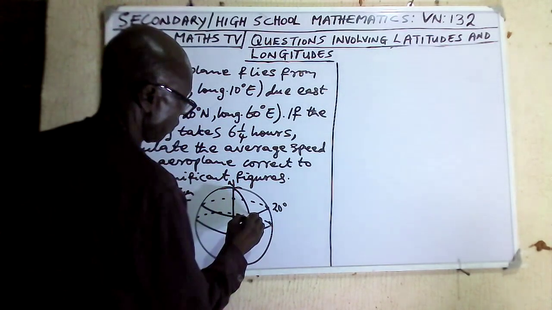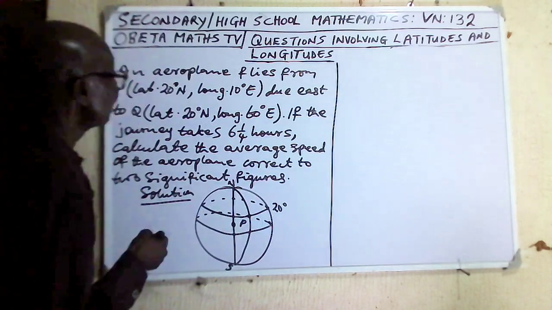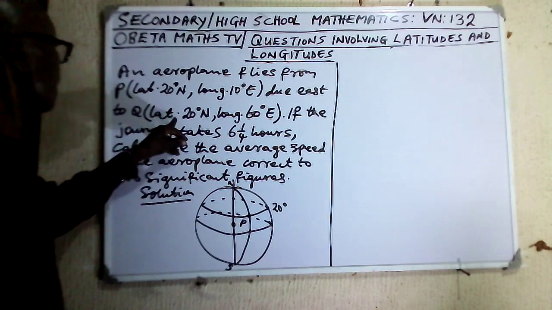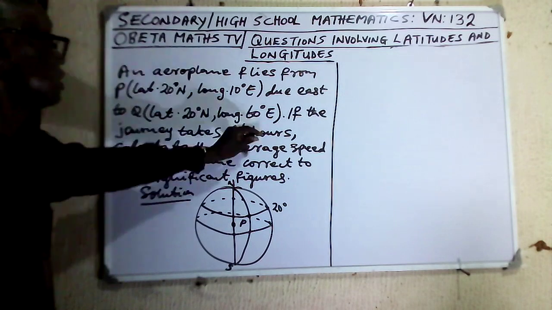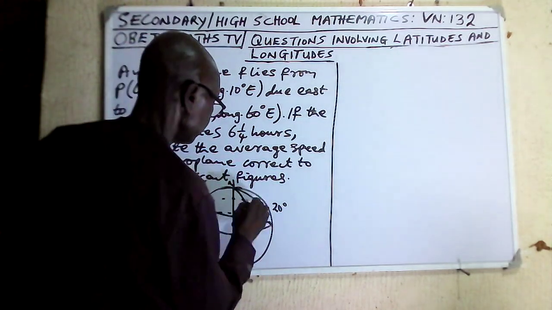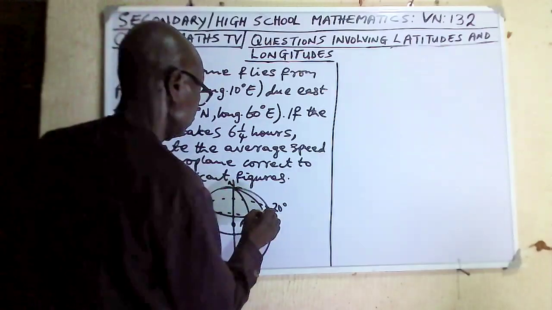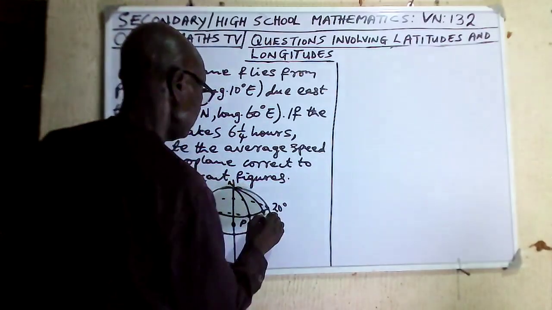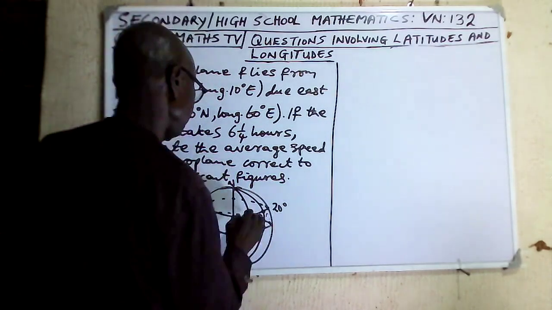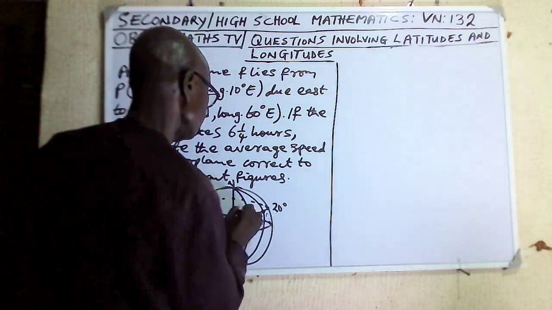So we can take this to be our P. And then we have another point, the same 20 degrees, but 60 degrees east. So that means we have this, and this is our Q.